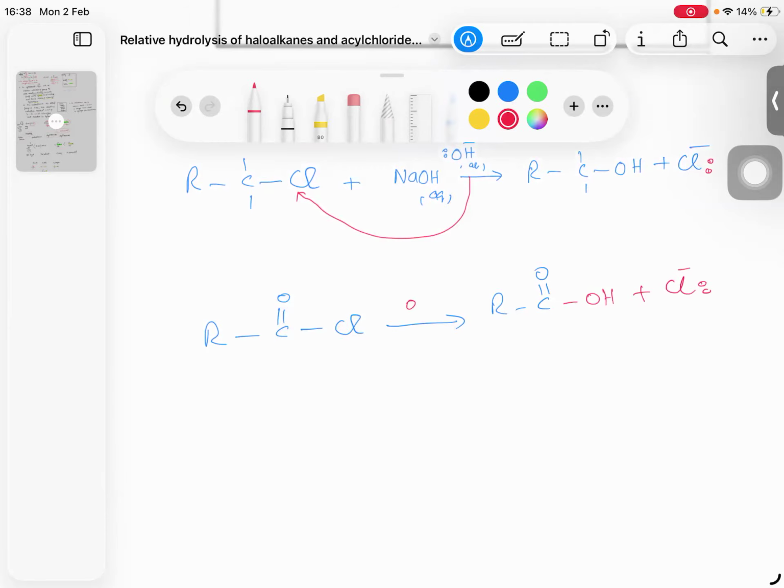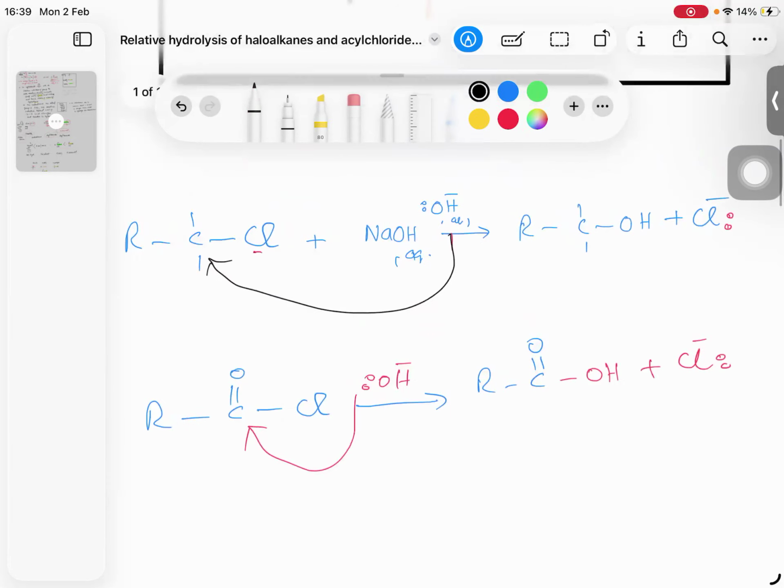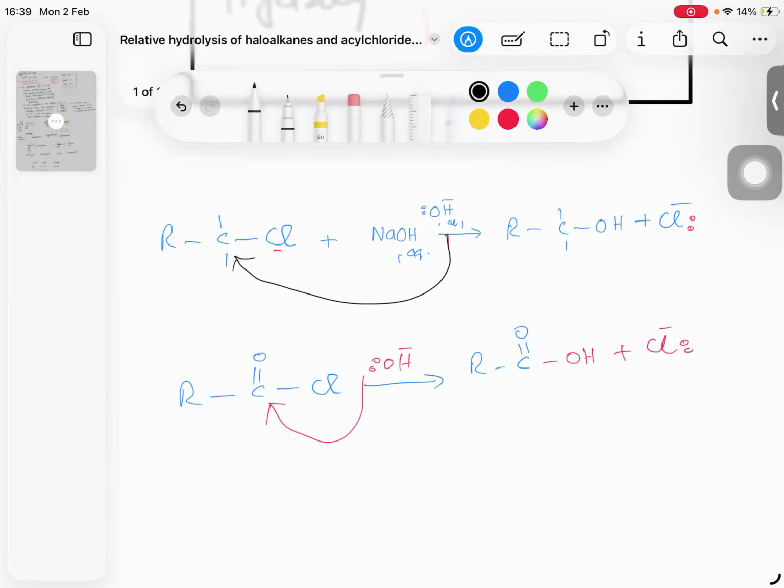So you see what happened in both these cases. It attacks this carbon and there is a substitution of Cl. Am I right? Now, if I take it to the next level, here is the benzene and then Cl. Similarly, OH negative comes and attacks this carbon and substitutes this.